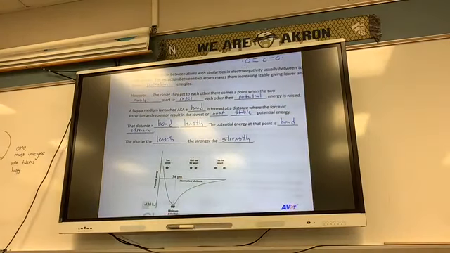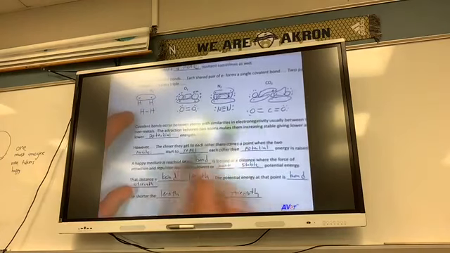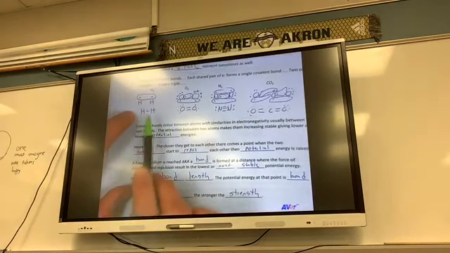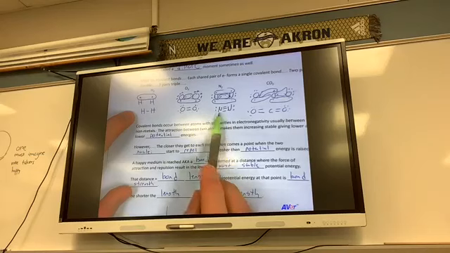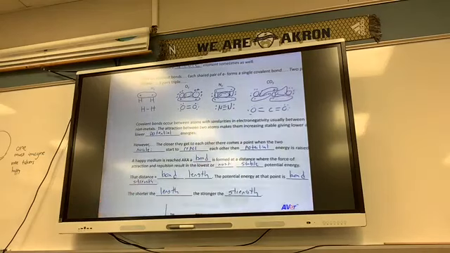The shorter those bonds are, the stronger the bonds are. So if you actually made these molecules, this is the longest bond, and this is the shortest bond. Bond strength is dependent on the length. Correct. The shorter the length, the stronger the strength.